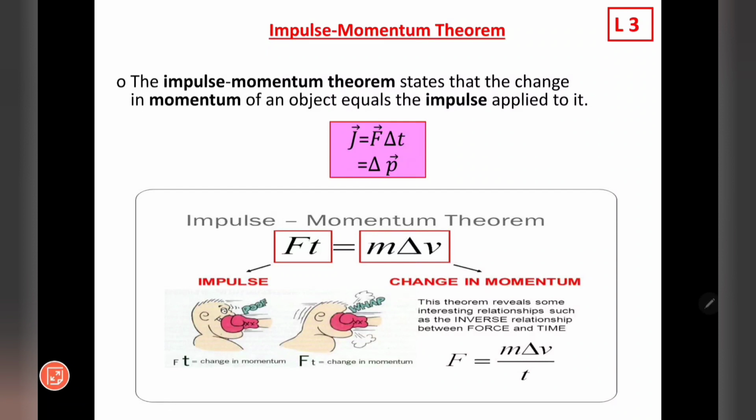What we get from this theorem is a second equation: F delta T equals m delta v. How do we get that? Let me show you.